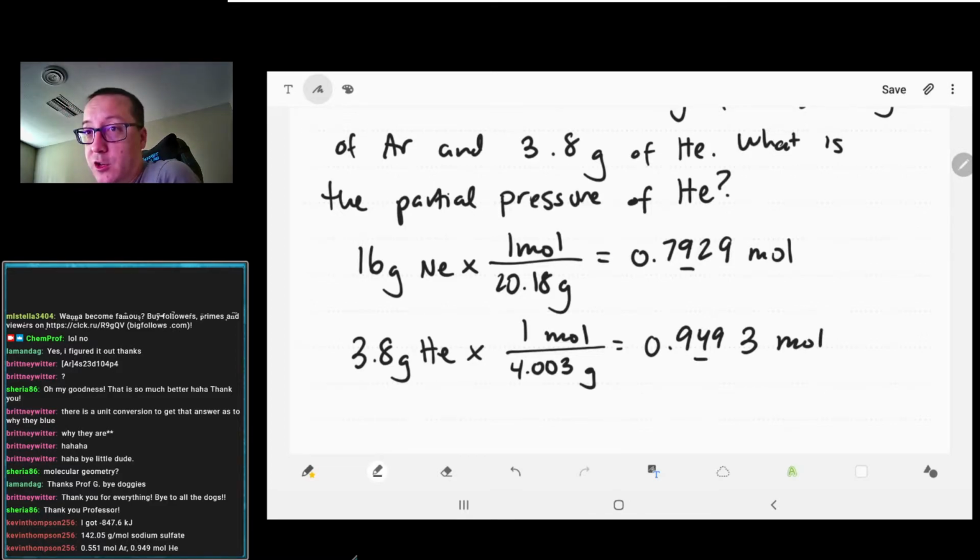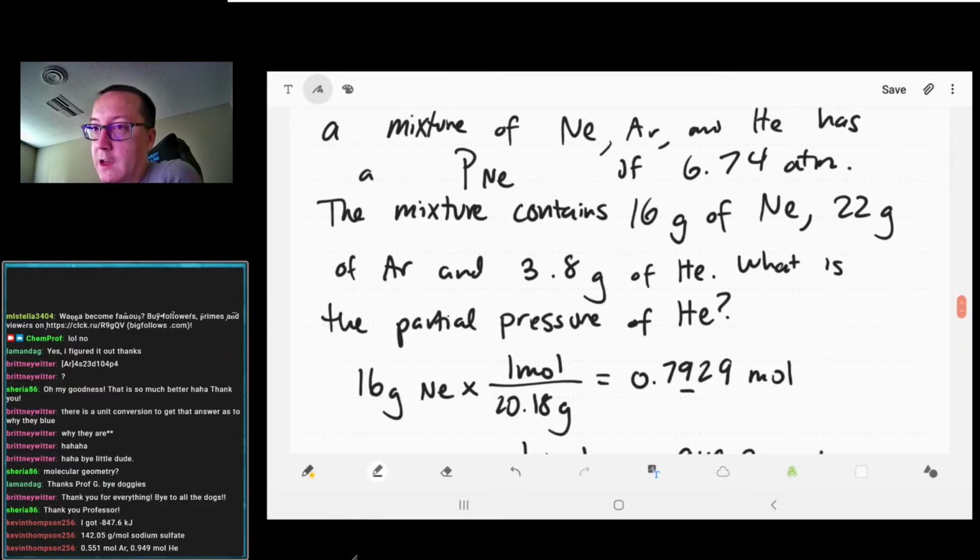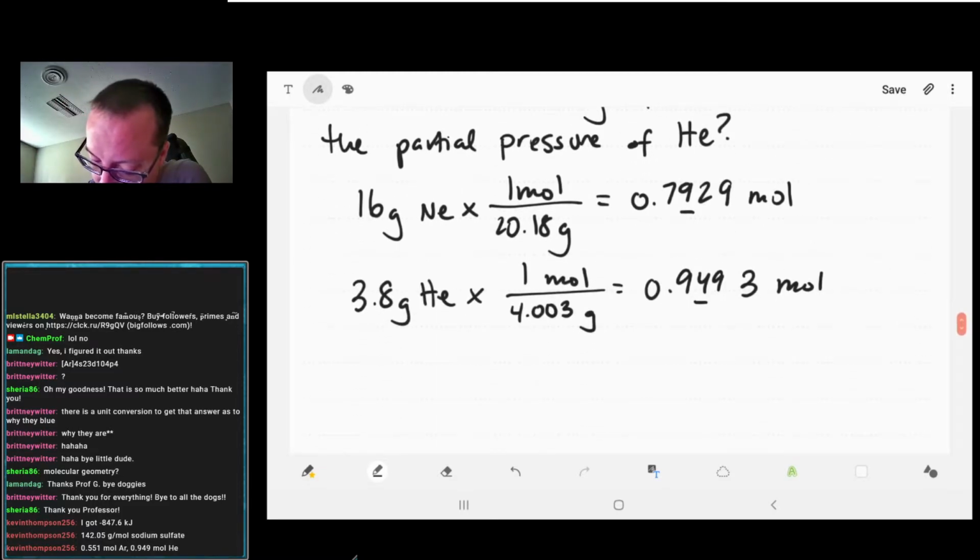So already we should expect to have more pressure of helium, right? Kevin, we actually will not need the moles of argon here. Since we know these are at the same conditions, the volume and temperature for this mixture are the same throughout. So we're really just comparing pressure and moles.